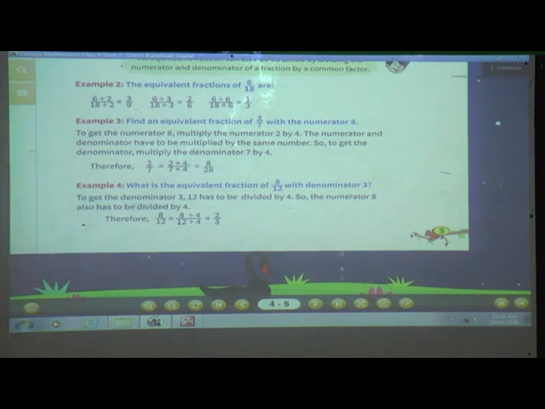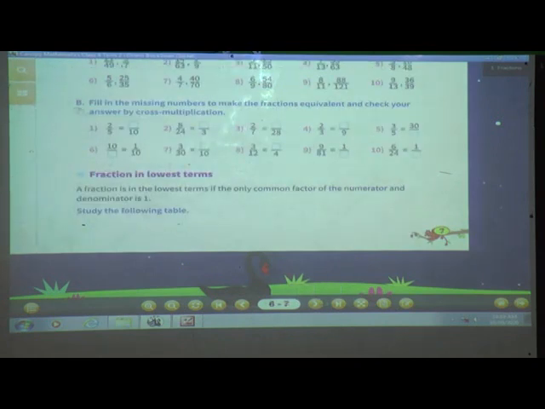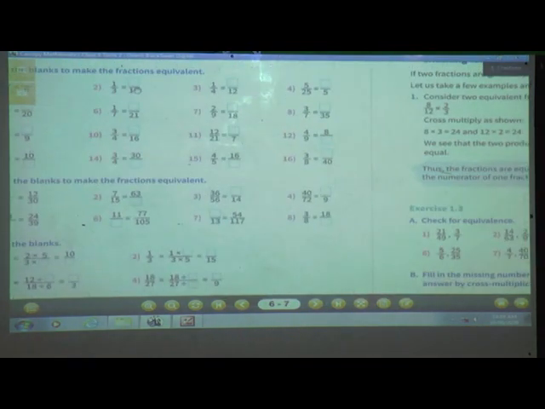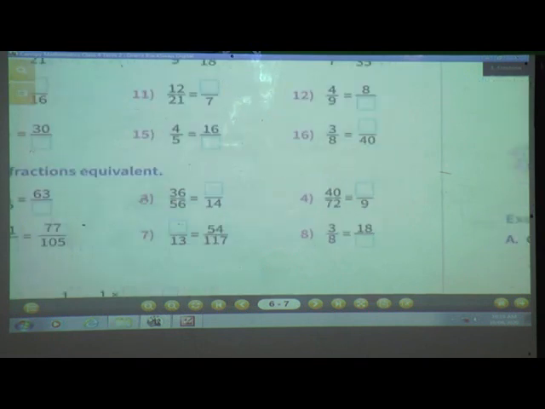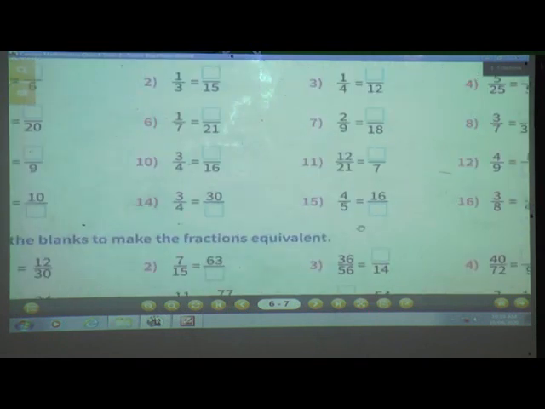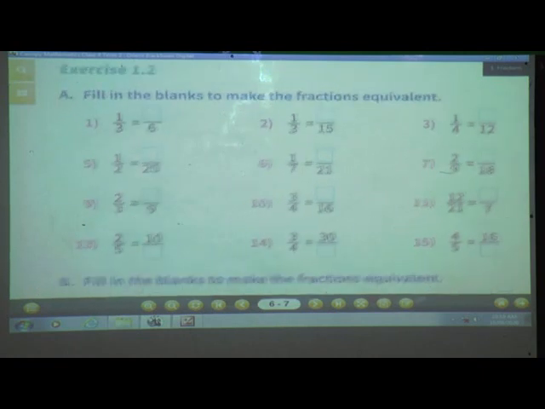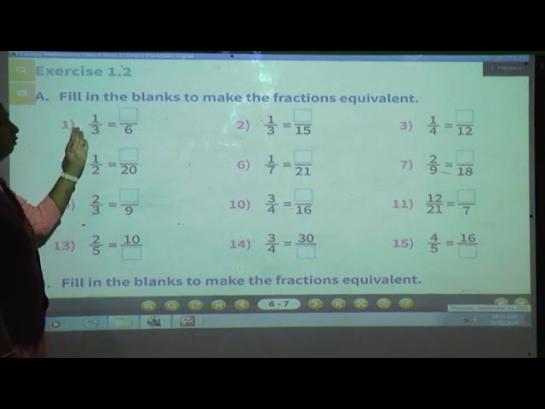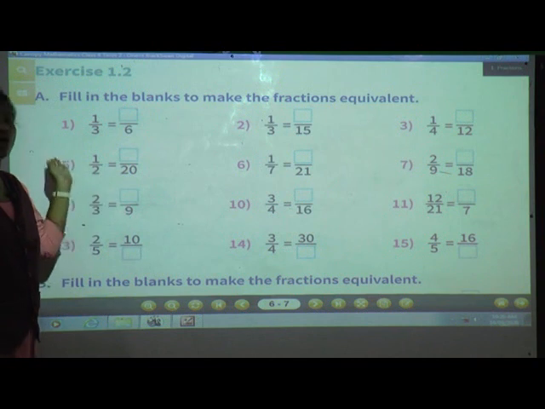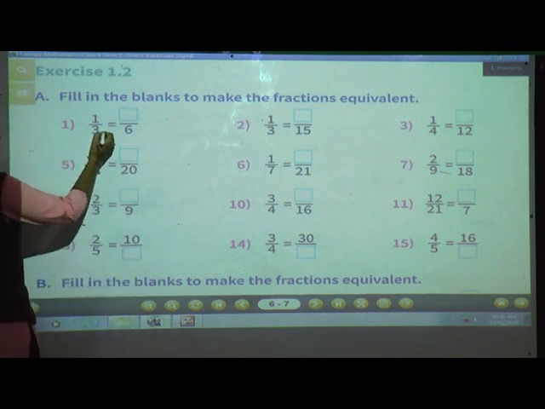Now we will solve our exercise 1.2. See, what is question A? Fill in the blanks to make the fractions equivalent. Okay, now see. You can go with multiplication or division.